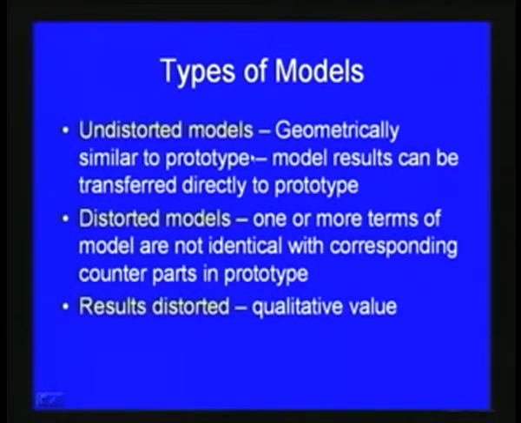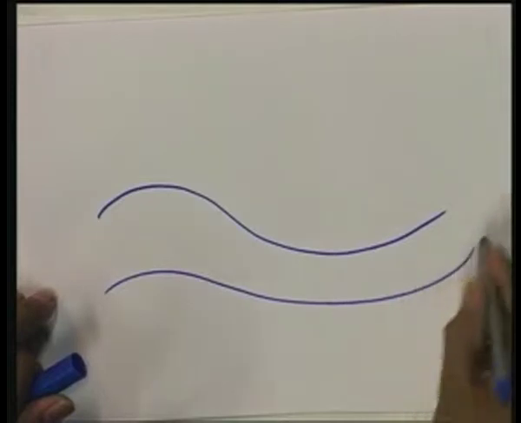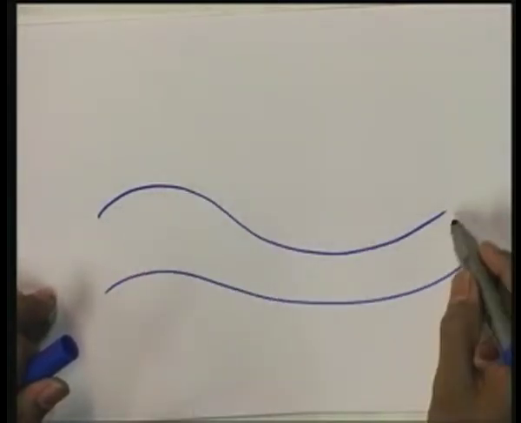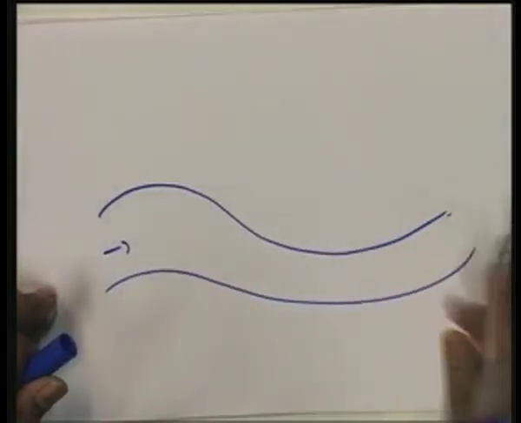So, the geometrical similarity is achieved, and since it is geometrically similar, in most cases we can directly transfer the model results to the prototype. These kinds of models are called undistorted models. But sometimes, like in the modeling of a river, we can replicate the length parameters and the width parameters, but for depth we cannot use the same scale.